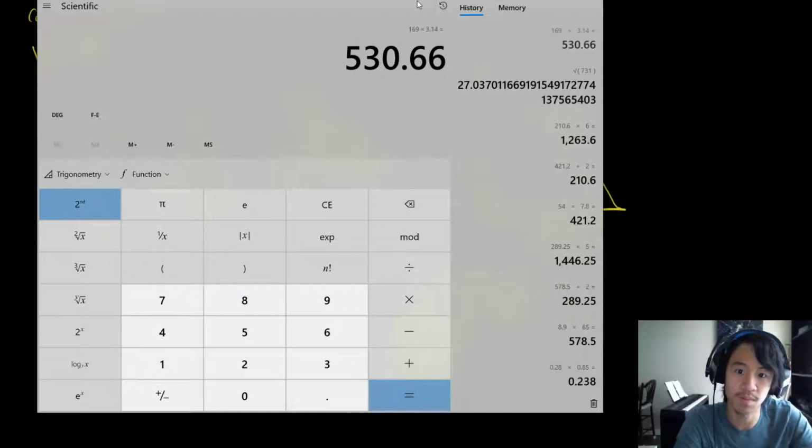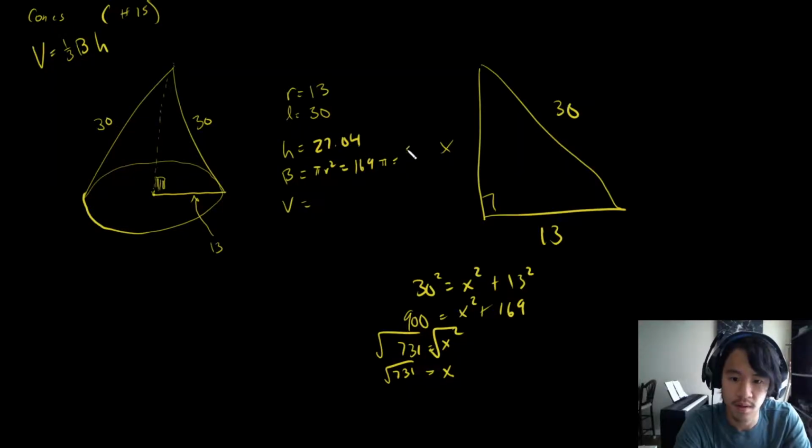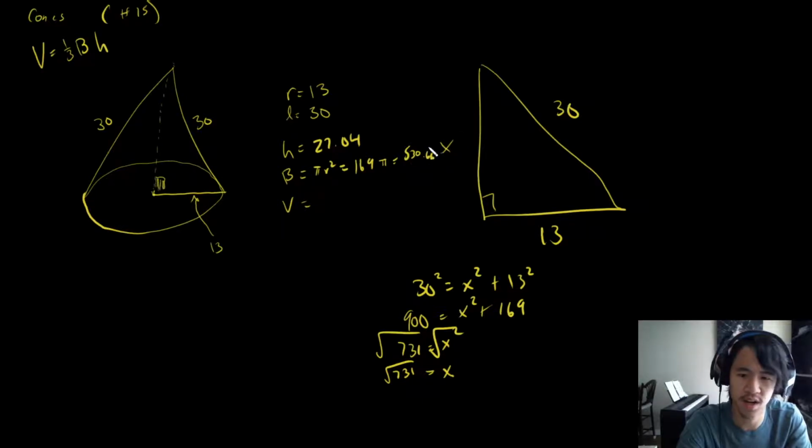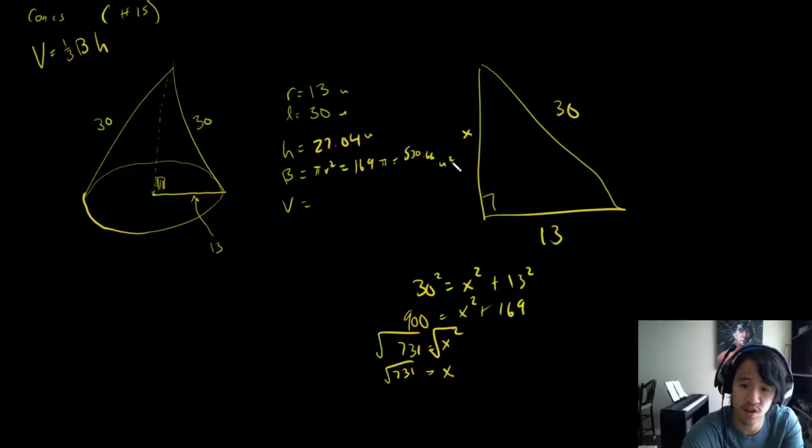And that is going to be equal to 530.66. Oh my gosh, I haven't been putting units. These are all just units, and this is units squared. Go to erase this x here. All right, so we got 530.66 units squared.